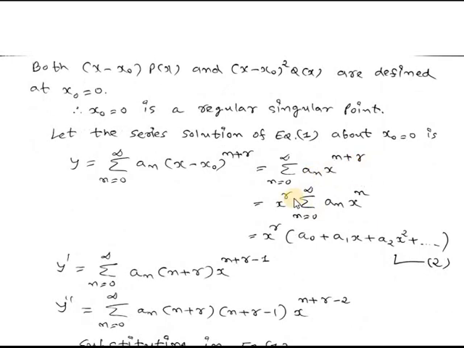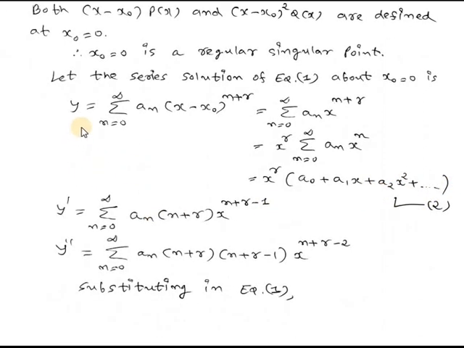If we simplify it we get x raised to r sigma n equal to 0 to infinity a_n x raised to n. Expanding this, put n equal to 0, so it is a0 x raised to 0, plus put n equal to 1, we get a1 x, then n equal to 2, we get a2 x square, plus so on. Suppose this is equation number 2.